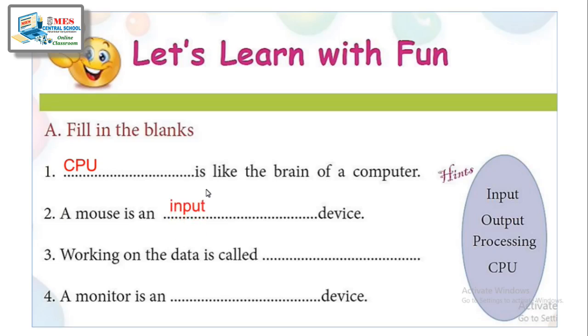Yes, mouse is an input device. Working on the data is called dash. I think you got the answer. Yes, processing. A monitor is a dash device. A monitor is an output device.